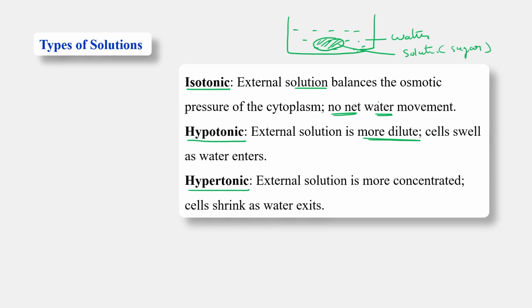Then what will happen? The external solution is more diluted, there is no solute, nothing. Then water moves from high concentration to low concentration. After some time this raisin will swell up, as water has entered from the external solution to inside that particular raisin. Right?